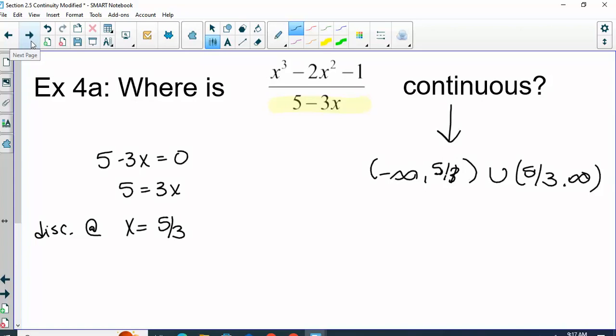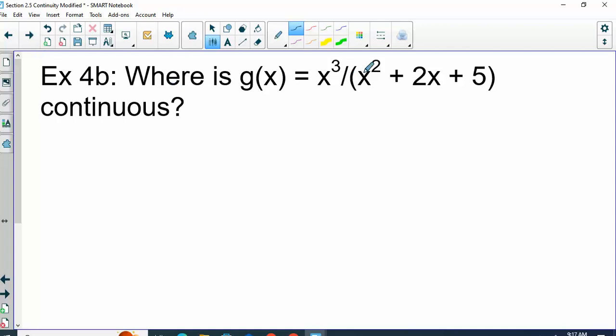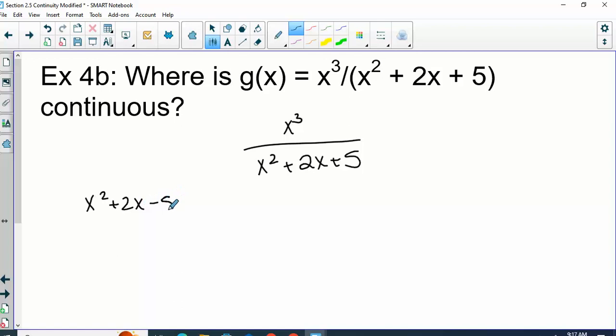All right, let's look at another one. This is just another fraction. So in a fraction, what do we have to worry about? When the denominator is equal to 0. Does that factor nicely?